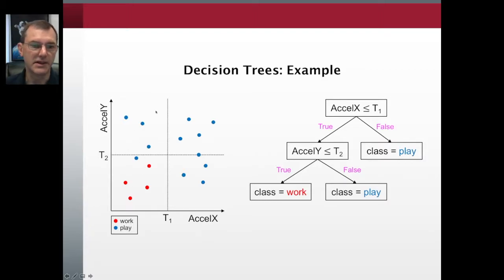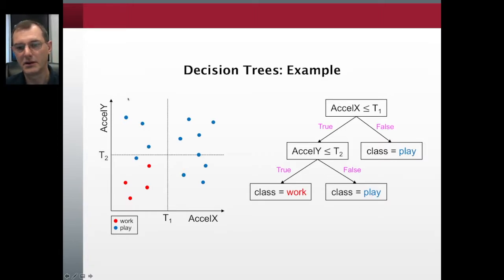But on the left side of t1, we still have a mixture of work and play, so we are going to split them further. If we decide to split on t2 here, 5 of the examples go down the left side, and the other 3 examples go down the right side.